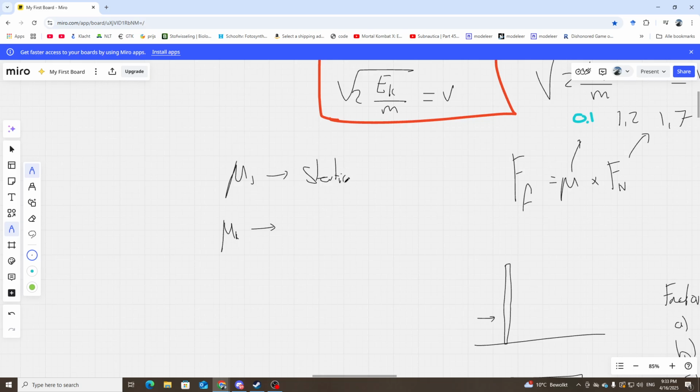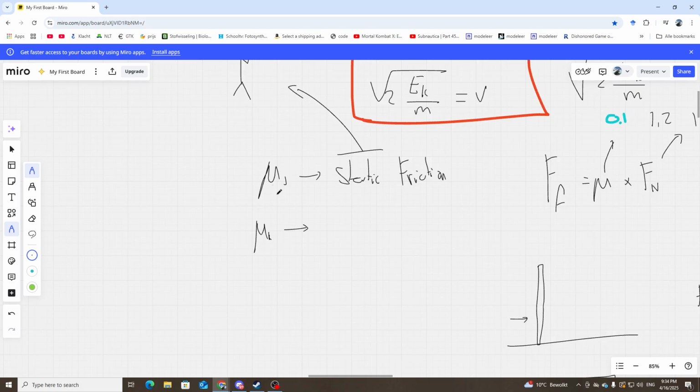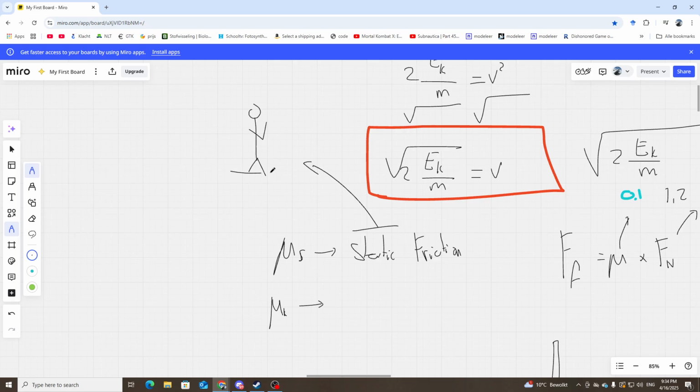This is static friction. What is static friction? What does static mean? Static means that you are not moving. So for example, just standing still means that you are static. So static friction is the friction on an object that is not moving.